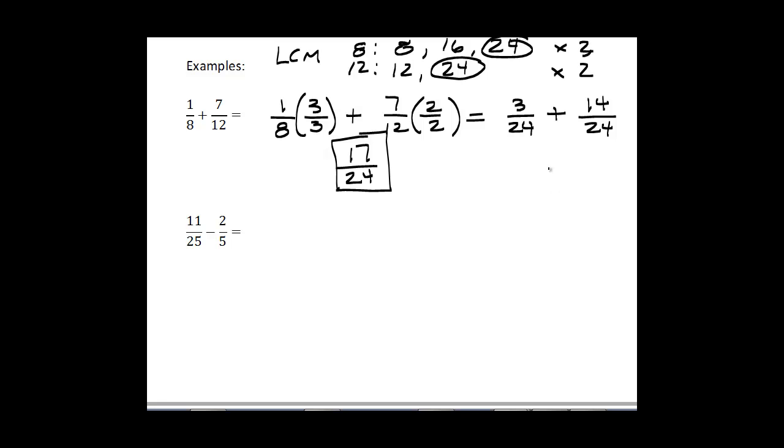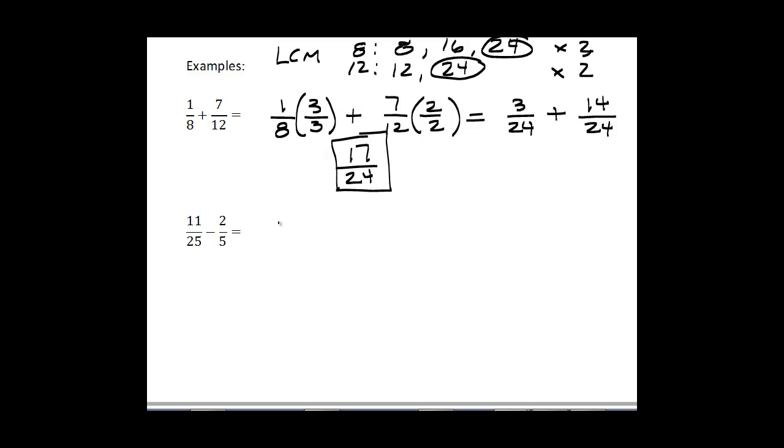All right, let's look at another one here. In this case, I have 11/25, and from that I'm going to subtract 2/5. Now again, my denominators aren't the same. They're unlike because I have 25 and I have 5. Now I could find the least common multiple by listing the lists of multiples, but I also can just see that 5 times 5 is 25, and I can use 25 as a common denominator.